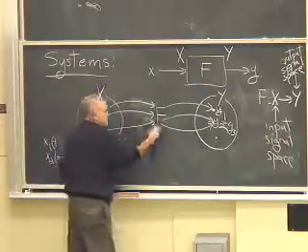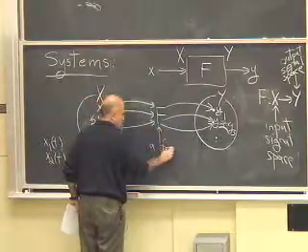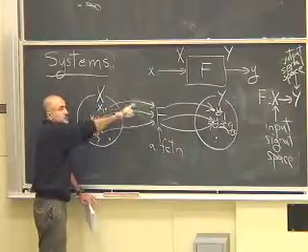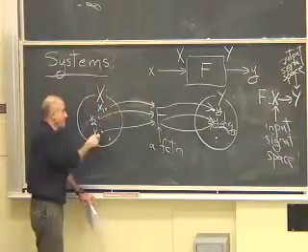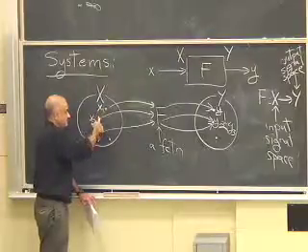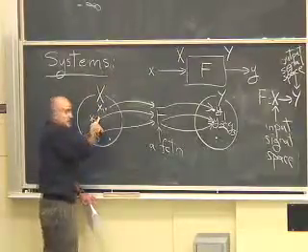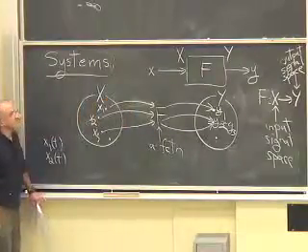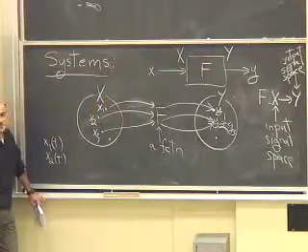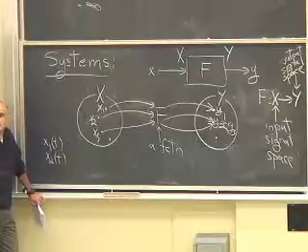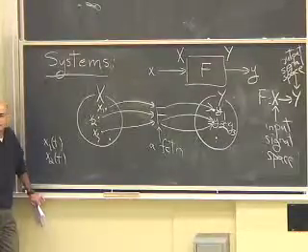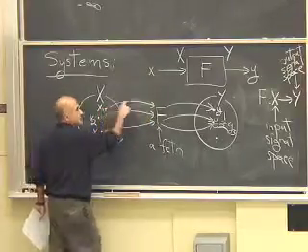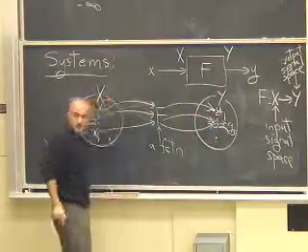Because f is a function, it can't map the same input signal to two different output signals. But it can map two different input signals to the same output signal. Essentially, it's exactly what a function would be. So here, f is mapping x1 to y1. Okay?